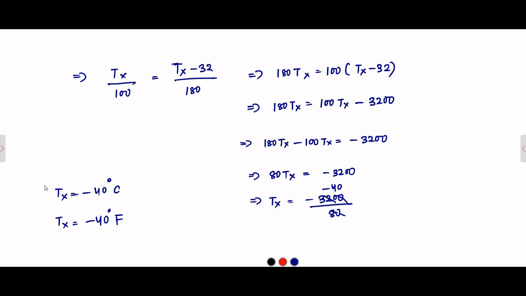Okay, so we were asked to calculate at what reading both the Celsius and Fahrenheit temperatures coincide. So that is minus 40 degree. Minus 40 degree in Celsius and minus 40 degree in Fahrenheit, they are the same.